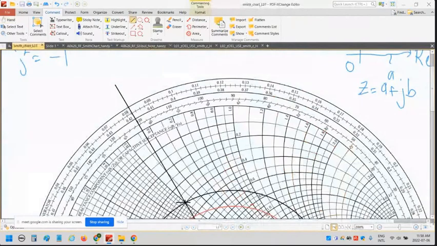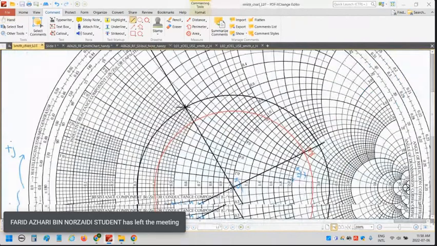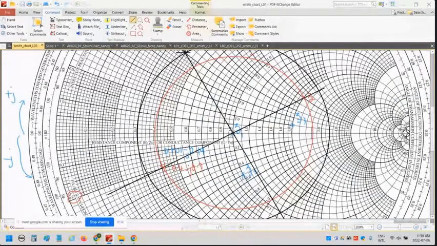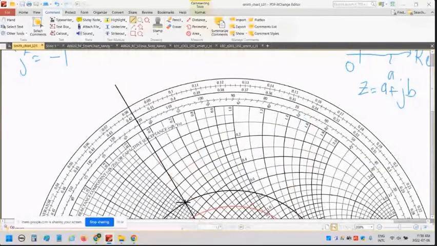So this one, when you rotate for the half circle, this wavelength is here, 0.25. So here 0.07, 0.08. This one is 0.09.